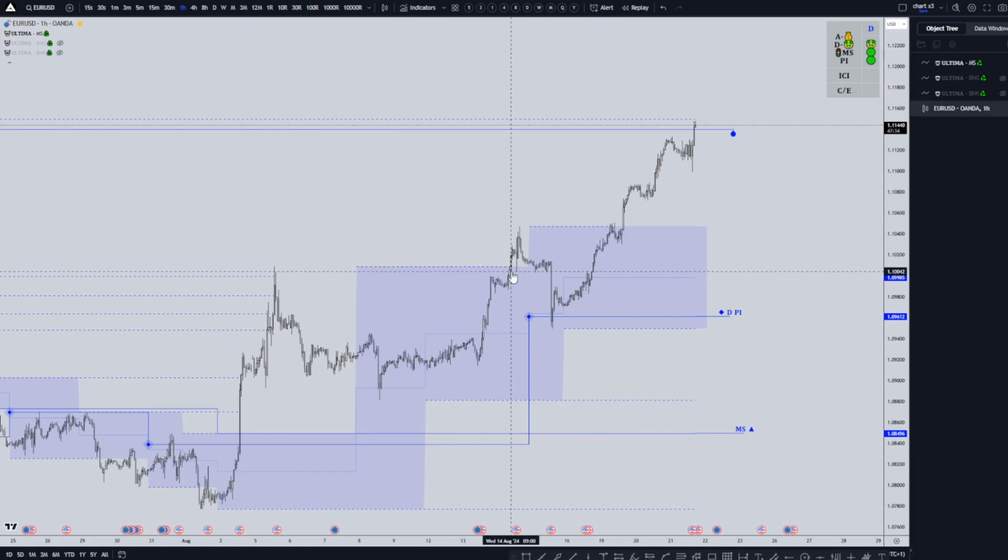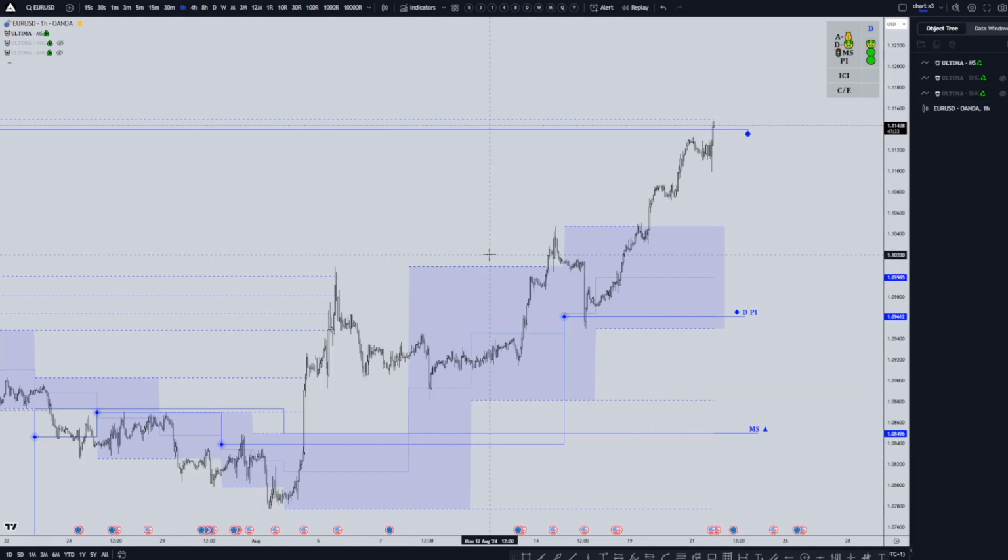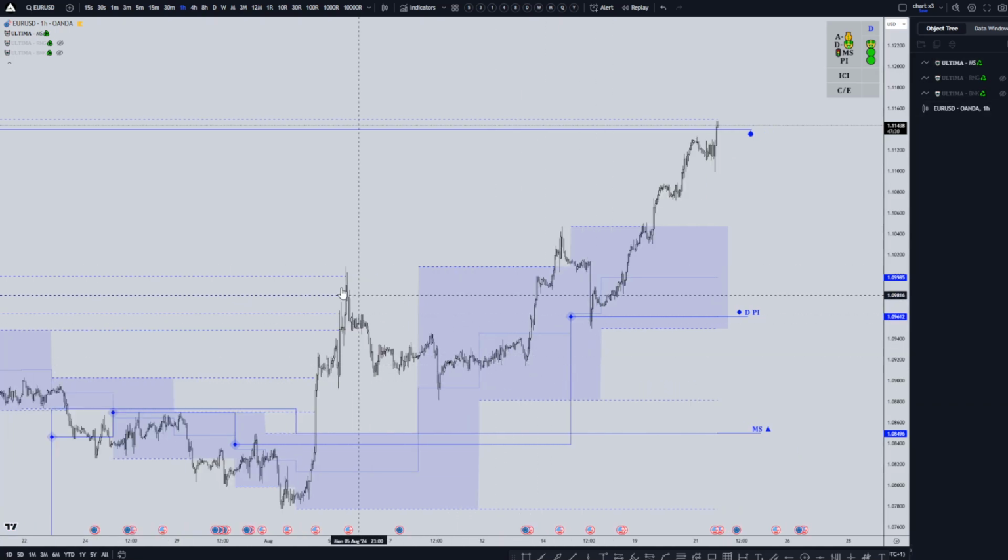And whenever we have interaction with structural cloud, structural liquidity, and power index, impulse correction impulse, ICIs, it's either this or either this, right?